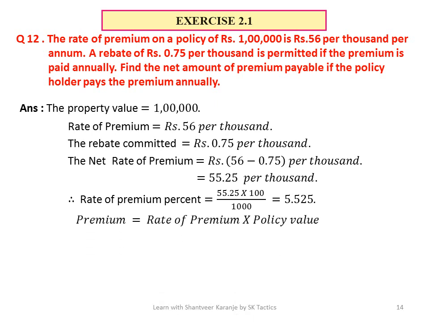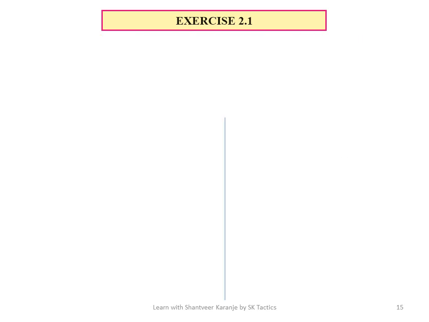Now I can directly use the formula premium is equal to rate of premium into policy value. By putting in all values, I get premium is equal to 5,525 rupees. A very simple question. Now we move ahead to the next question, question number 13.